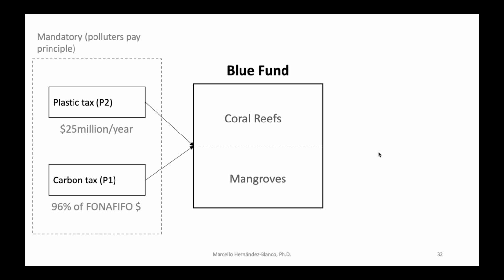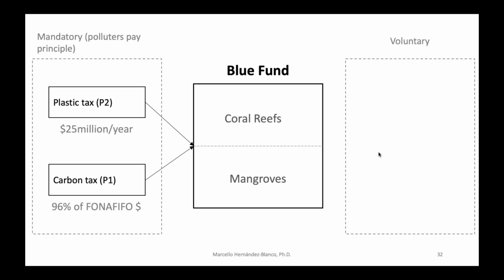Especially in Costa Rica, for example, we have now the decarbonization plan. So what happens if we decarbonize our economy and we're going to have less consumption of fossil fuels? Of course, that tax is going to be reduced, and then the income for the forest fund would be reduced.